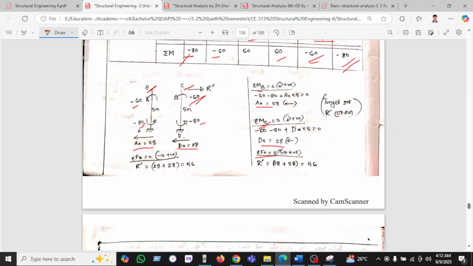Now we take the summation of f of x and find 28 into 20 into 56. So this is our answer.